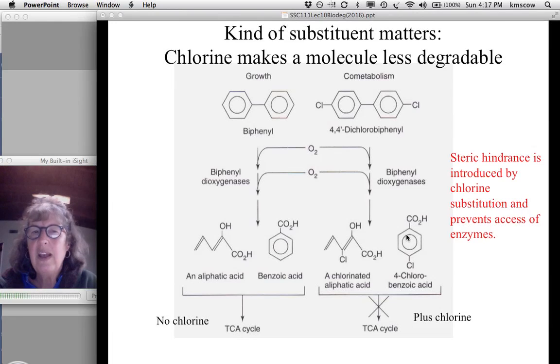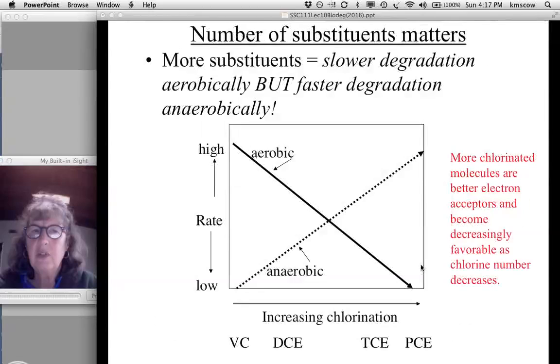And so what you can have then is, though microorganisms might be able to take the first step using these oxygenases to partially break down, transform, actually, right, the molecule, the fact that those chlorines are there are going to prevent any further breakdown of the molecule, and you can have a dead-end product. So the kind of substituent matters a lot in chemical structure.